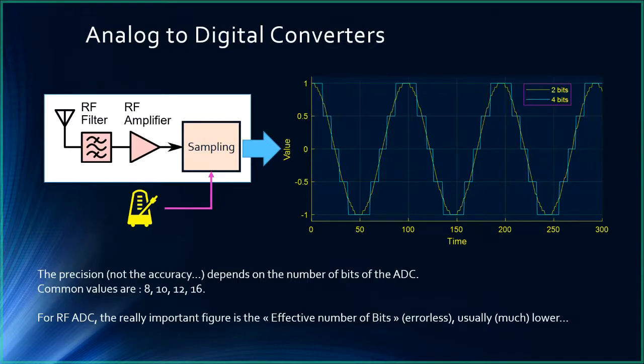The useful ones are the effective number of bits. I think I will come back to this later, because when you're doing measurements at a very high speed, there can be uncertainties or errors that lead to false measurements. But I will not spend too much time on this one.